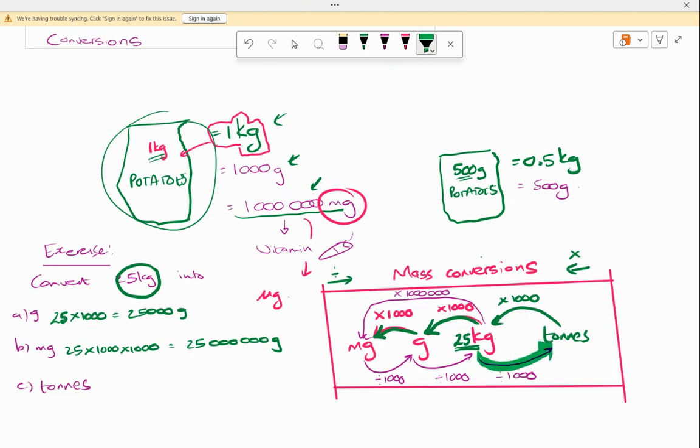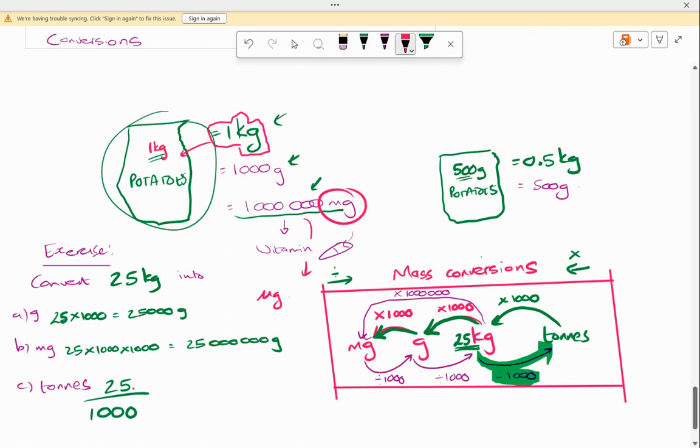If I want to go to tons, now I'm going this way. So now I have to divide by 1,000, right? So that means I'm going to take this number 25 and I'm going to divide it by 1,000. When you divide by 1,000, you move the decimal 3 spaces to the left.